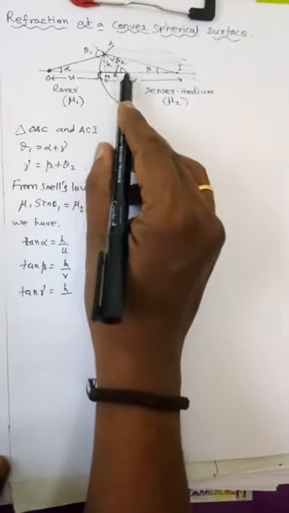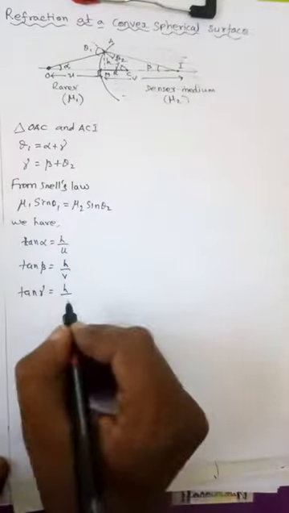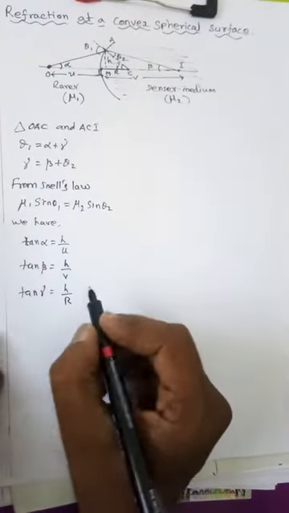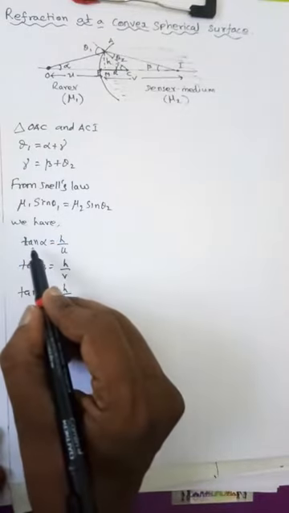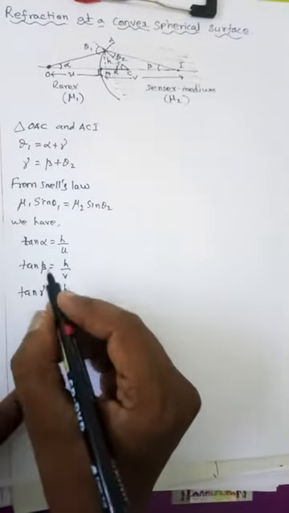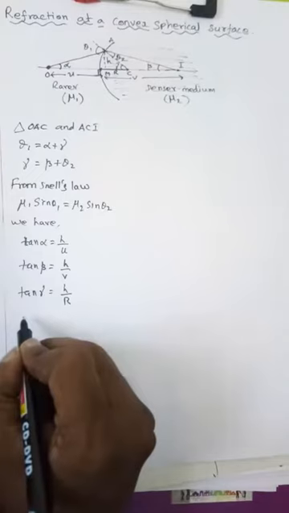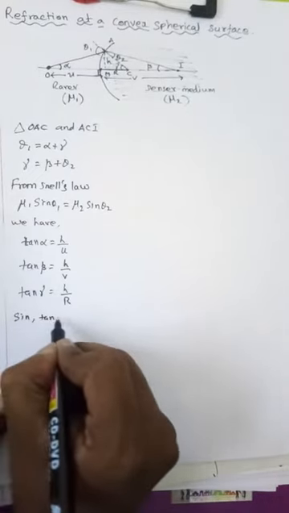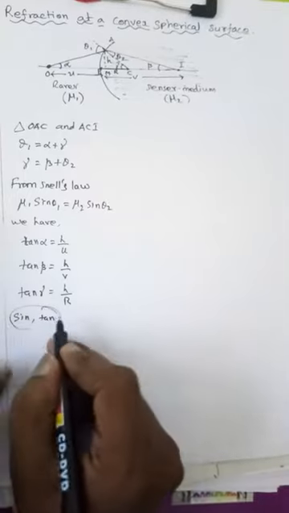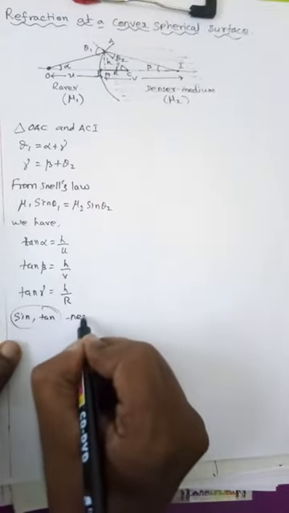You can take PC or MC as R, so the adjacent side is R. Sine and tan are neglected because of very small angles. It's very important.